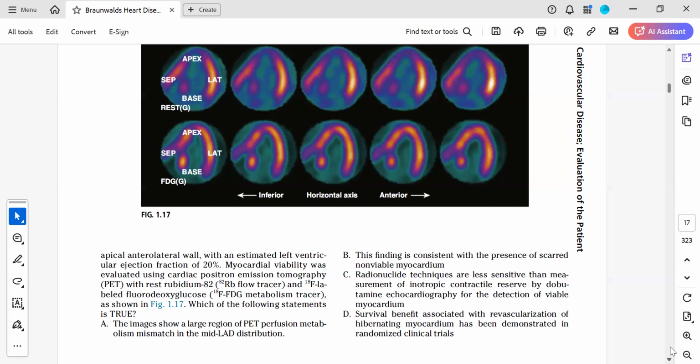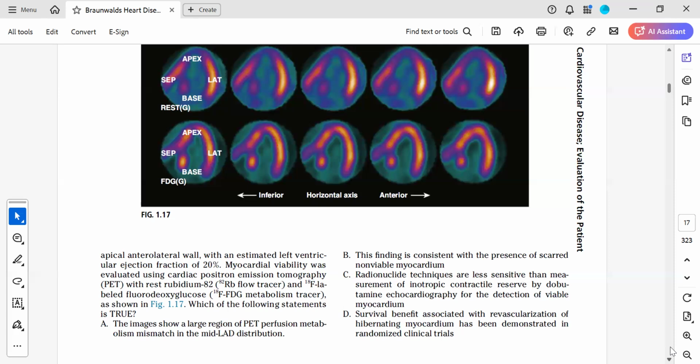For C, radionuclide techniques are less sensitive than measurement of inotropic contractile reserve by dobutamine echocardiography for the detection of viable myocardium. This is just pointing out that we have other modalities through which we can test for myocardial viability, apart from the nuclear imaging and radioactive substance that we use.